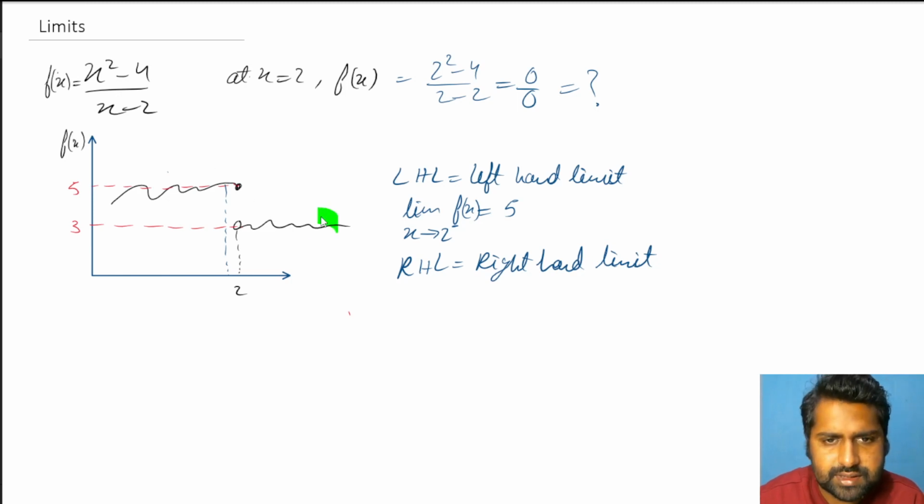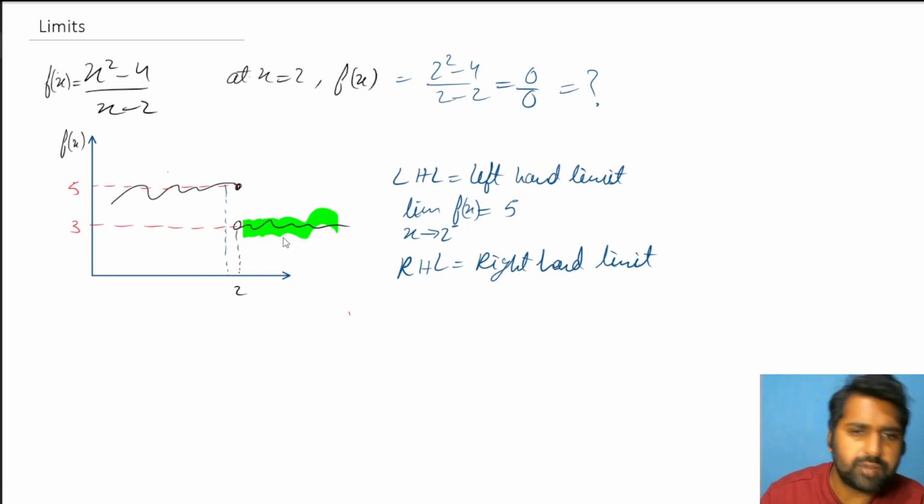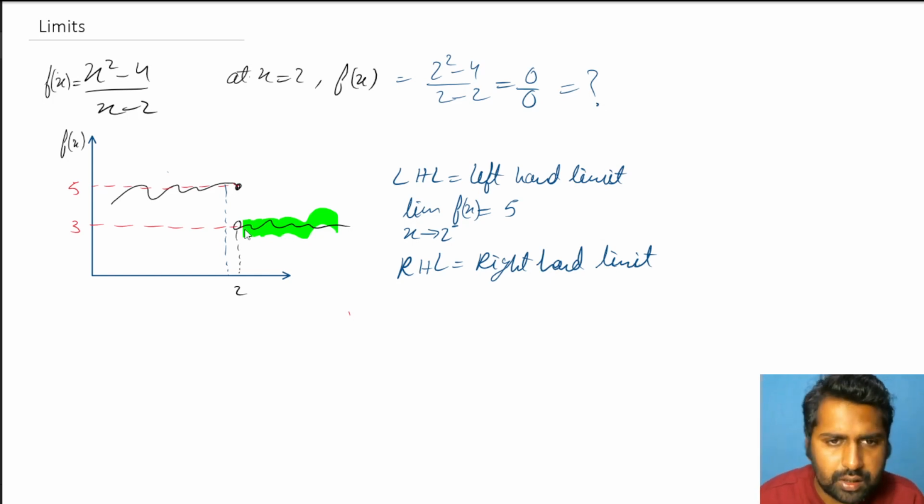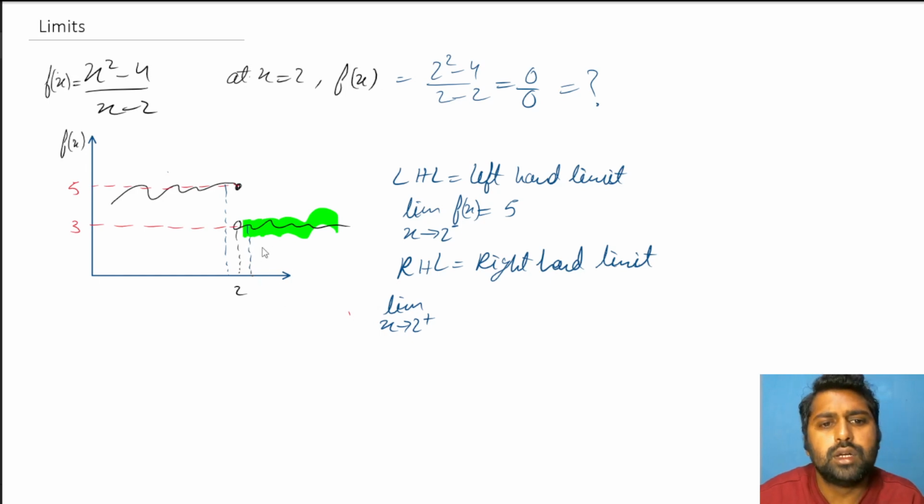If you approach this same function from the right towards the left, and you approach this value of x as 2, then the function is getting close to which value? It is getting close to the value 3. Okay, so I'll say limit x tends to 2 plus. 2 plus means just after 2, the value the function is trying to attain is 3.